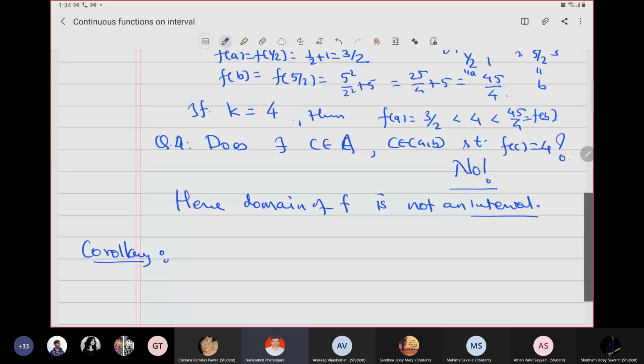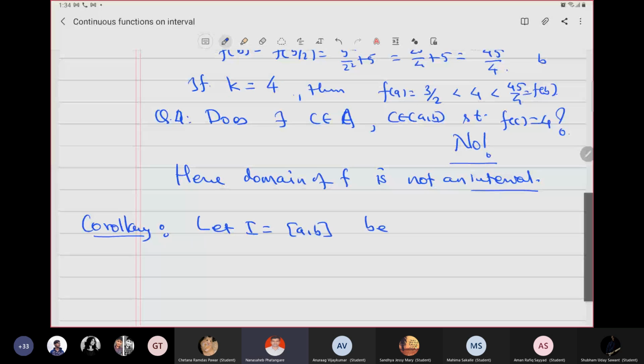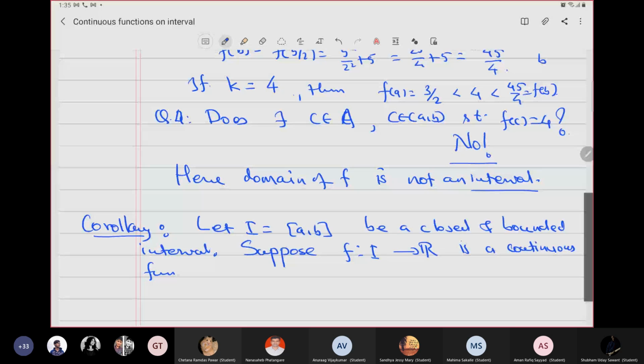So let I is equal to ab be a closed and bounded interval. And suppose f is a continuous function.